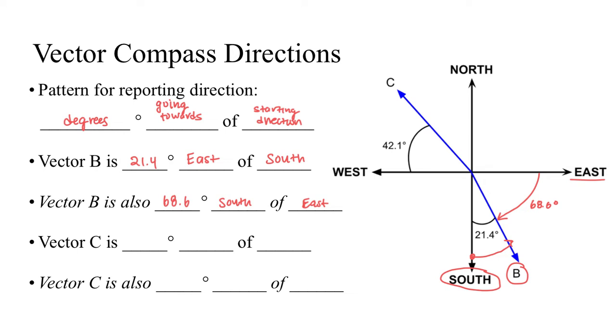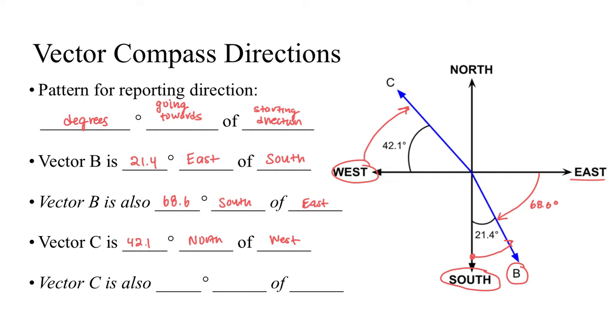So then applying that to vector C, vector C is 42.1 degrees north of west, right? Because I start west and I go towards the north, okay?